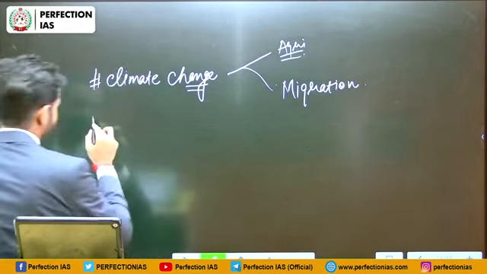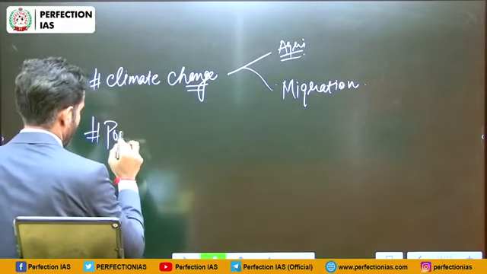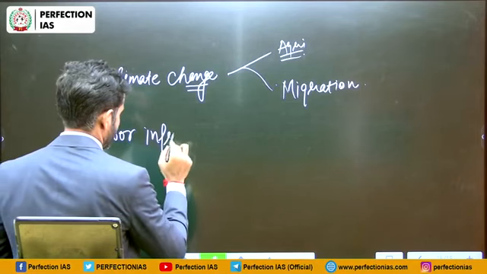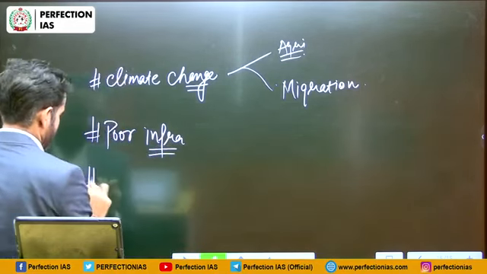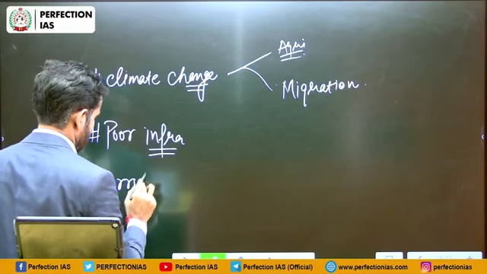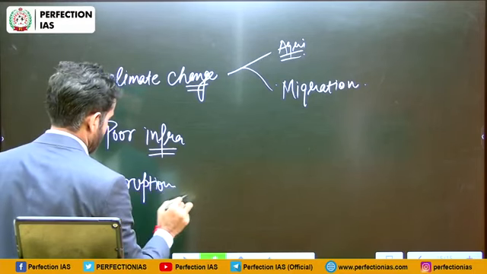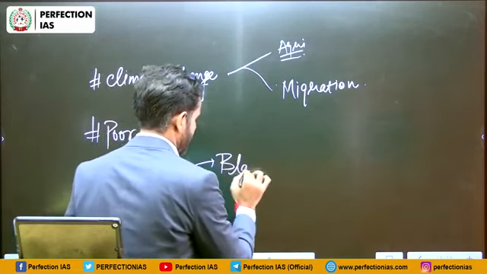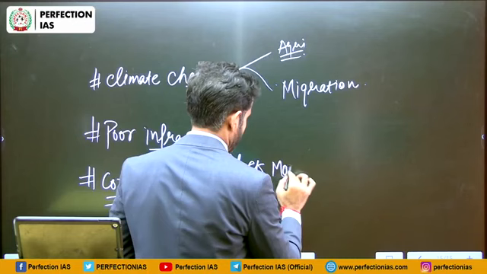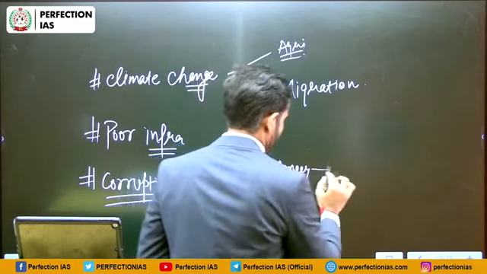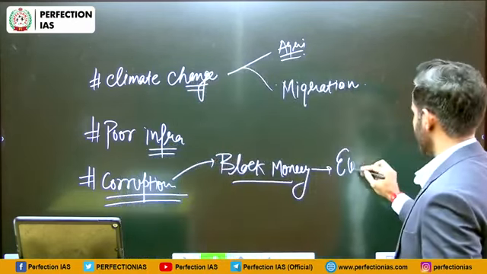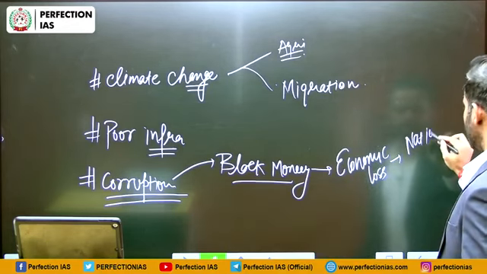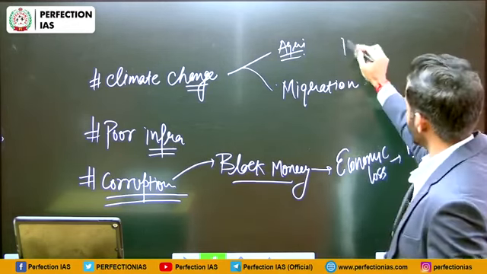Then poor infrastructure is another problem. Then corruption is another problem. Because of corruption, there is an instance of black money. So it will lead to economic loss for the country, for the nation. Apart from that, there is a problem related to resource utilization.